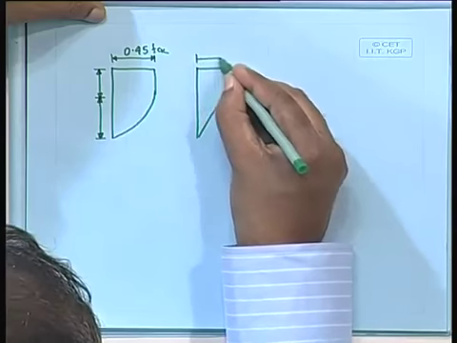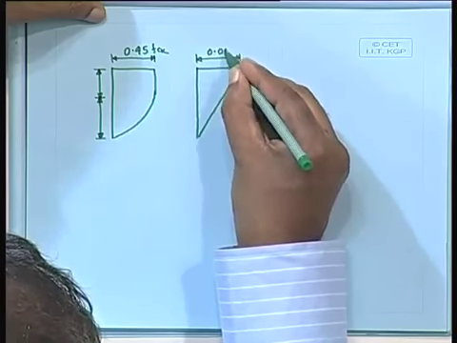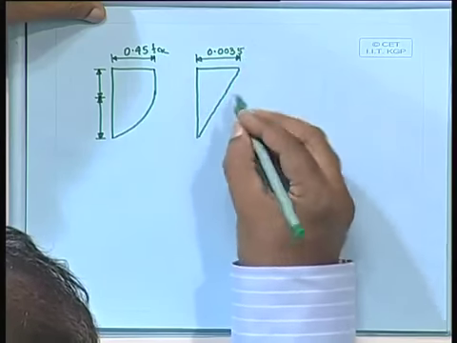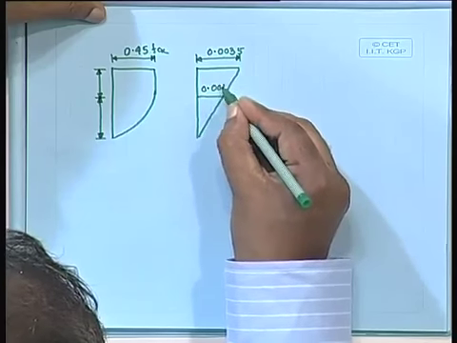The strain here is 0.0035. This is 0.002.